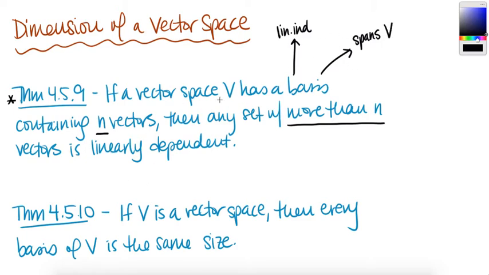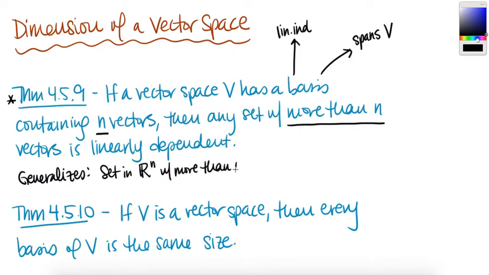So if you have a set like that with n vectors, any set with more than n vectors is linearly dependent. This is basically just a generalization of the result that a set in Rn with more than n vectors is linearly dependent.